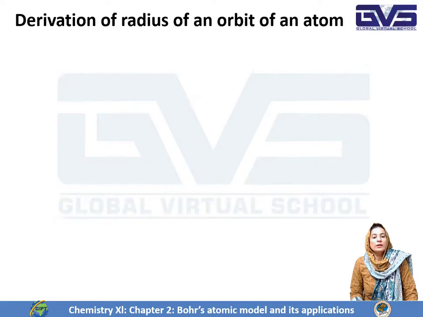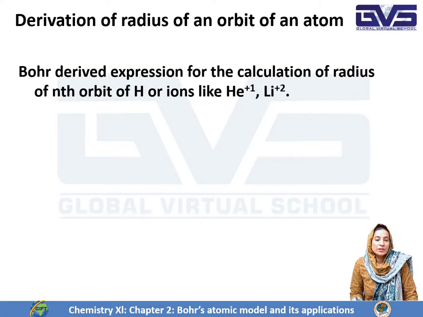And now the derivation of the radius of an orbit of an atom by Niels Bohr. He derived an expression, which means he derived an equation, a formula to calculate the radius of the nth orbit of hydrogen or some ions like helium ion and lithium ion. Hydrogen is neutral; helium ion and lithium ion are ions.